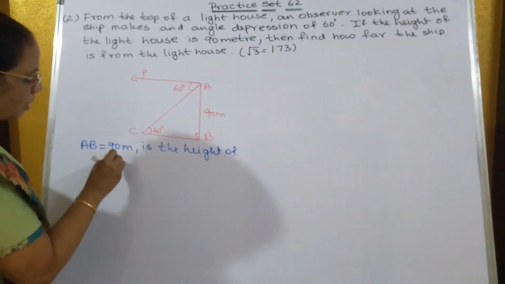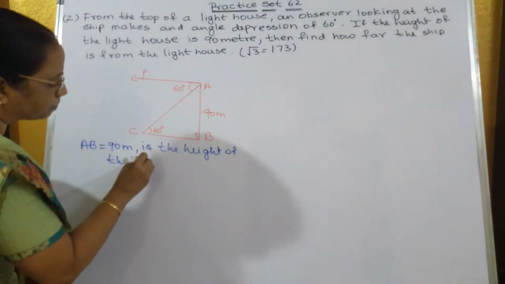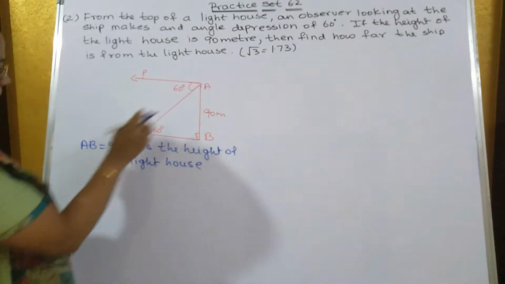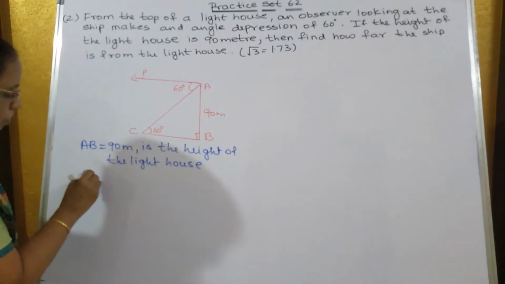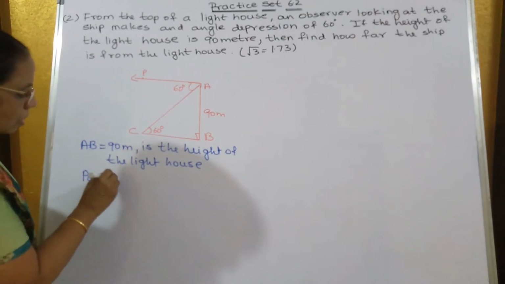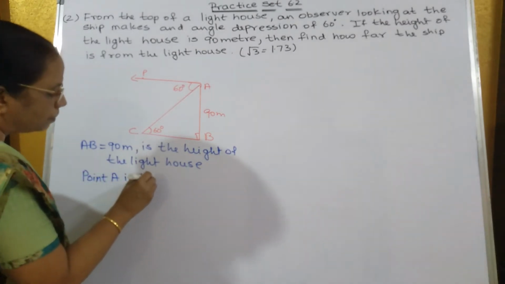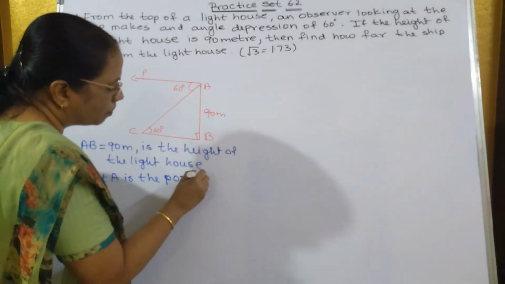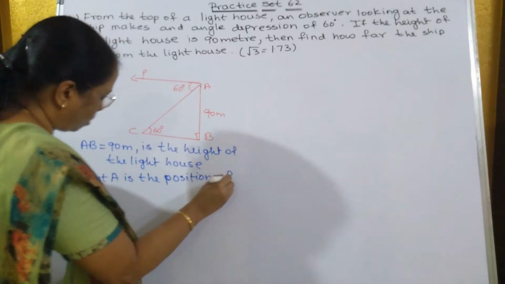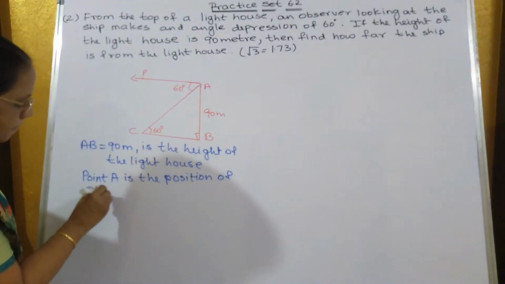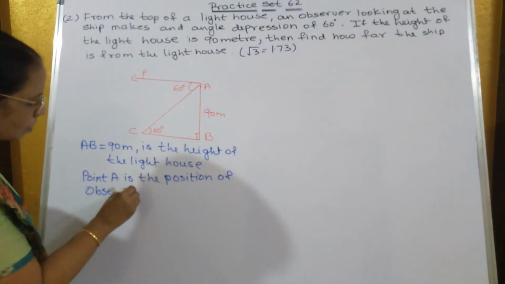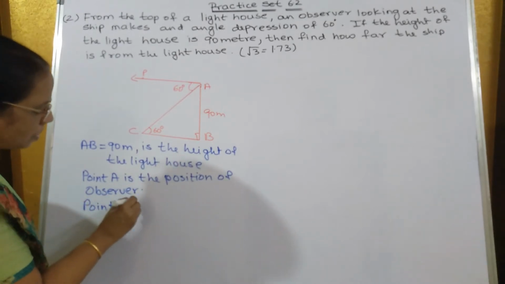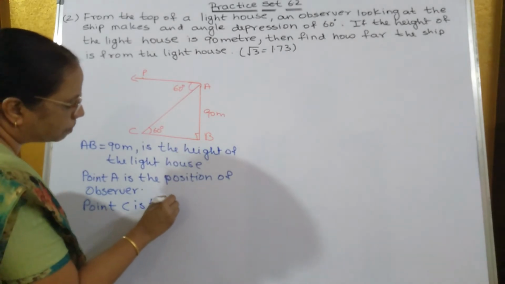Point A is the position of the observer, and point C is the position of the ship.